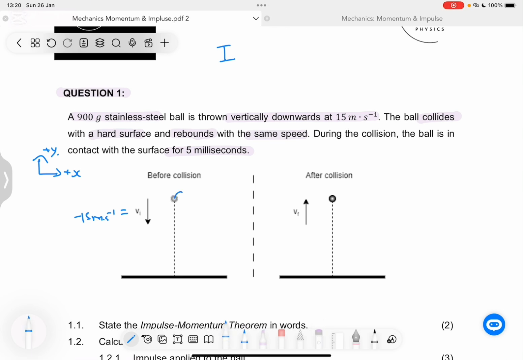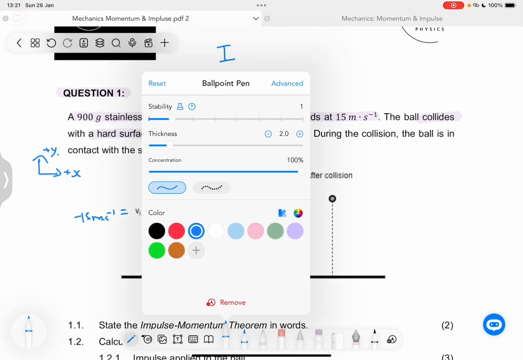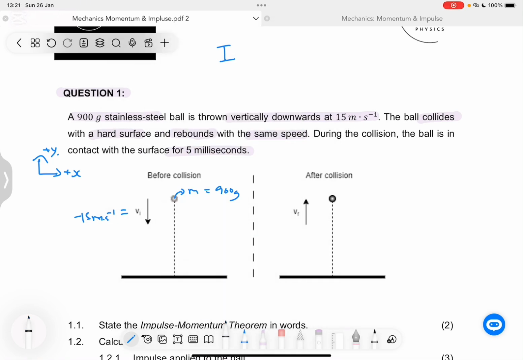And the other thing that we note here is that this ball has a mass of 900 grams. The ball at some point here at the bottom, they say that it collides with the hard surface and then rebounds, meaning it goes back upwards with the same speed.